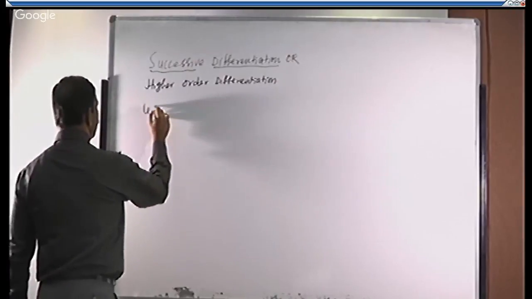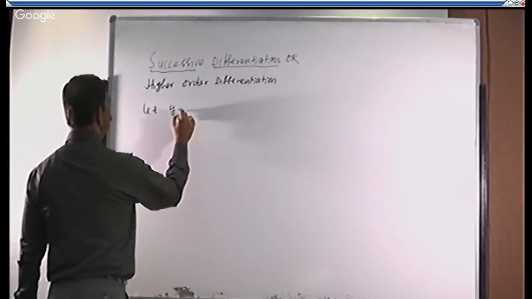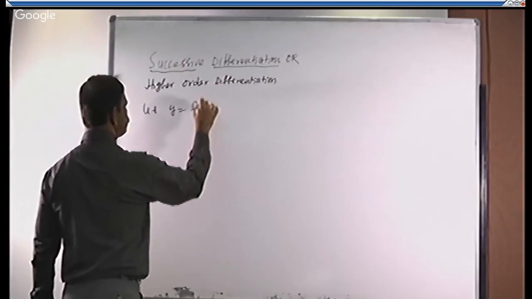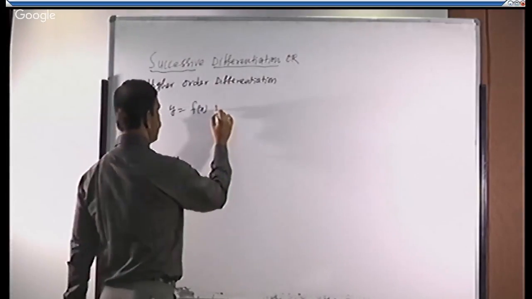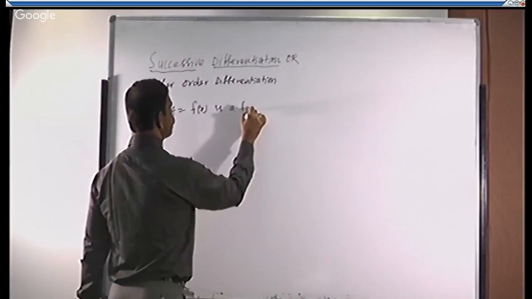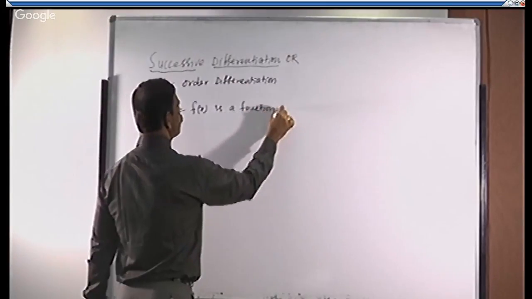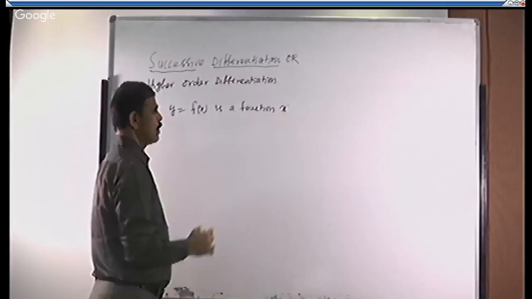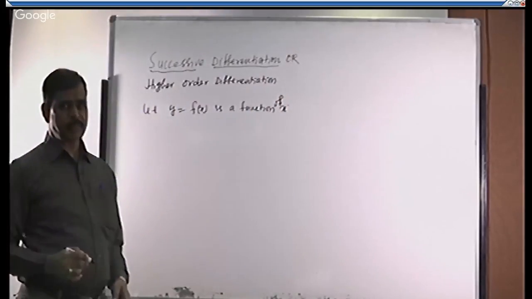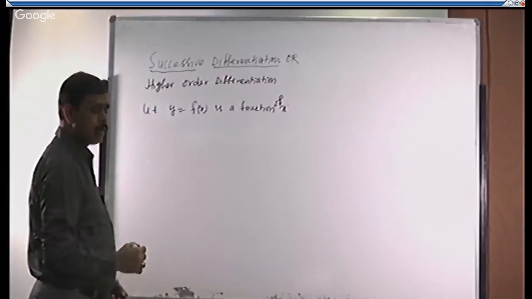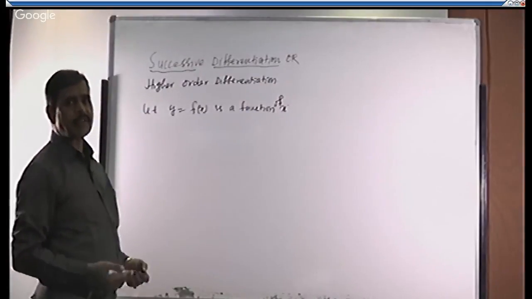Let us take y is equal to f of x. y is equal to f of x is a function of x, right? If it is differentiated with respect to x, we will get what? dy by dx, right? So that is what we are doing.